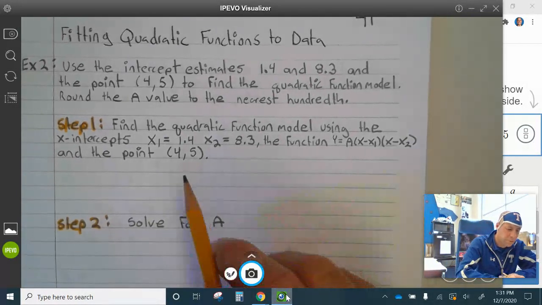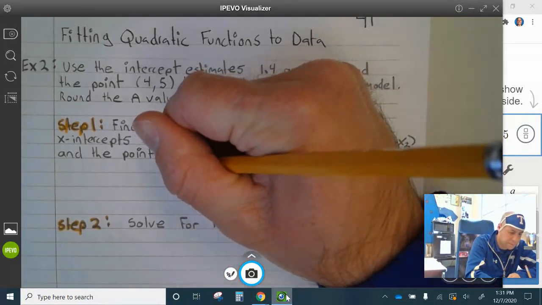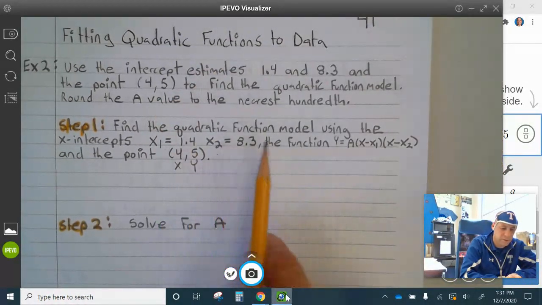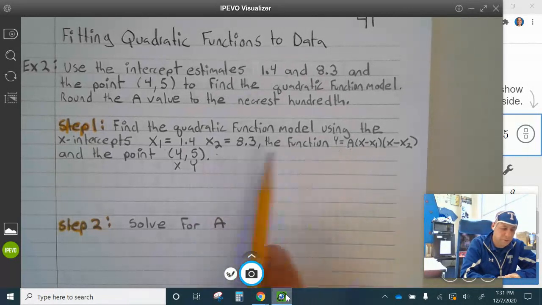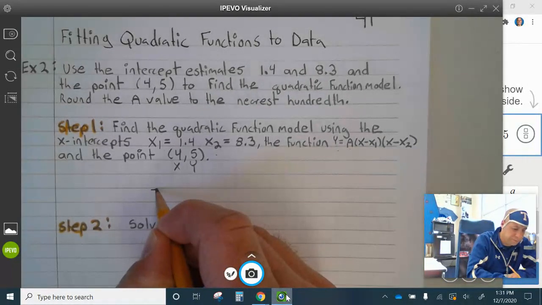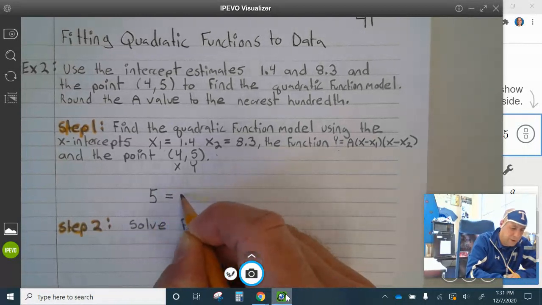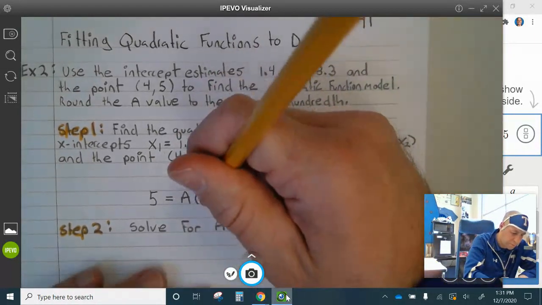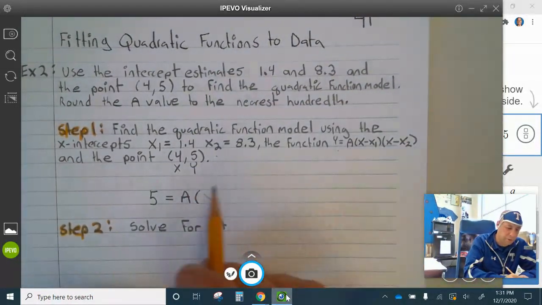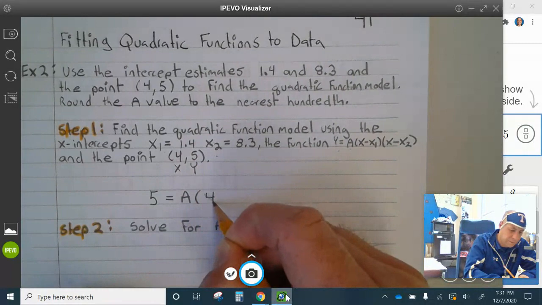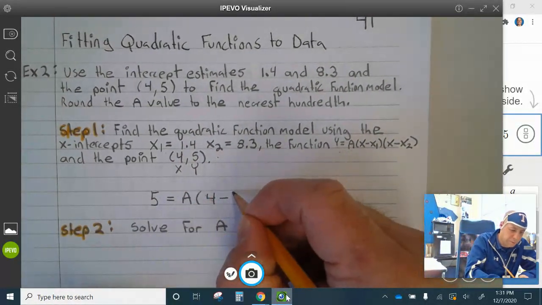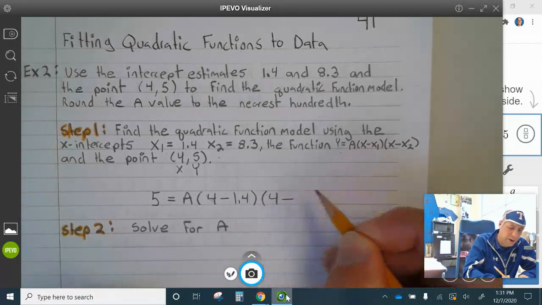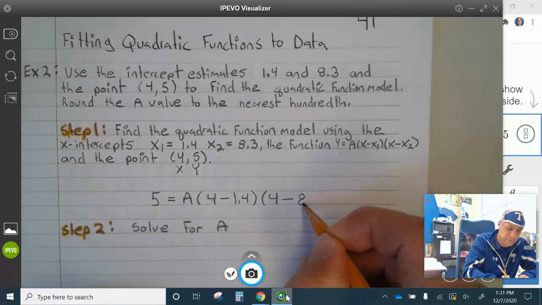Now the point is x and y. They give us x1 and x2. We don't know a, so we're going to plug all of these values in. So y is 5, so that's 5 equals a, we don't know, (the x value is 4 minus x1, which is 1.4) times (x, which is 4, minus x2, which is 8.3).